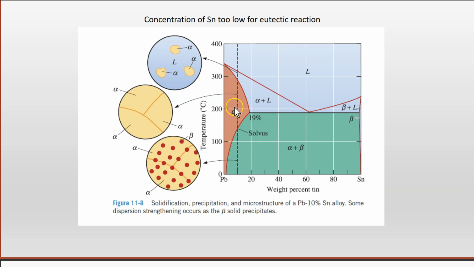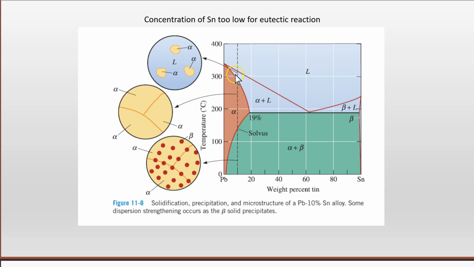So let's have a look if we start off with a composition of melt that is too low for the eutectic reaction to occur. In this case, we've got a 10% tin lead-tin alloy. As we cool down here, we start to hit the liquidus.